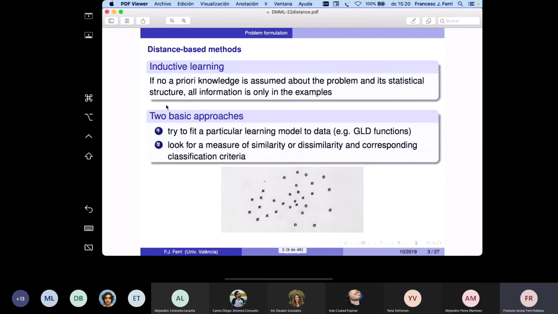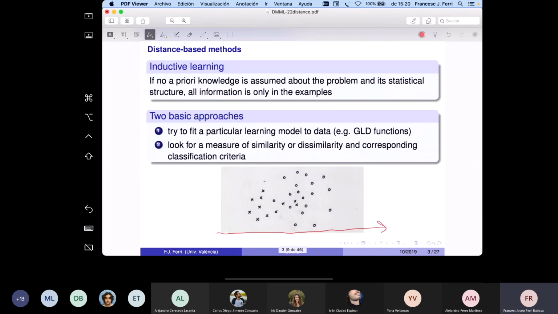Just to use an example, imagine a two-dimensional space like this, and then all possible inputs for a given problem is just a point in this plane. So if I have 2 points which are close, quite likely they will belong to the same class.